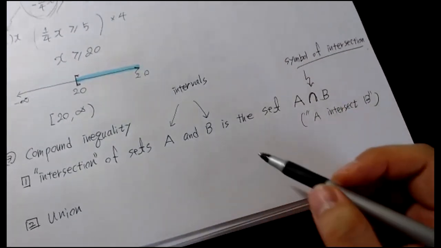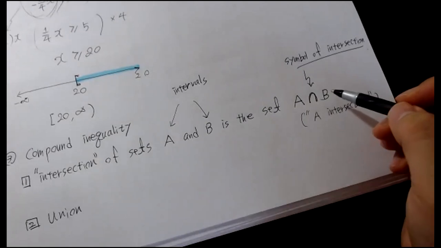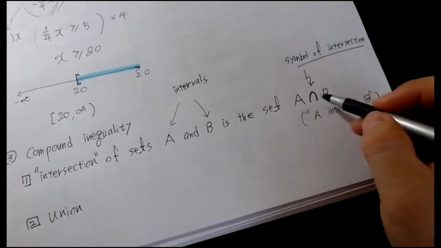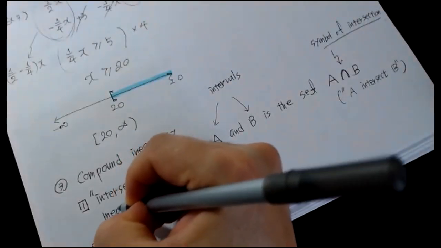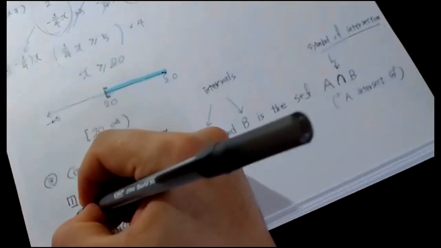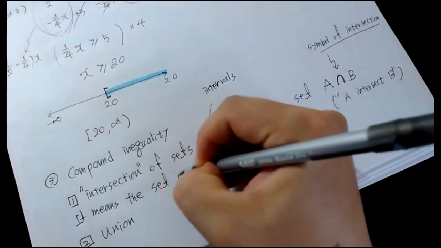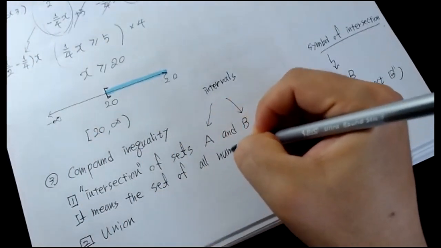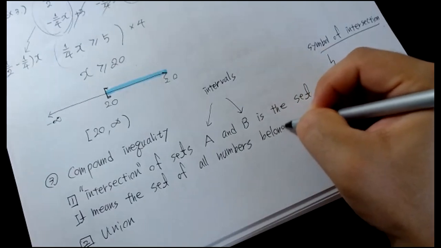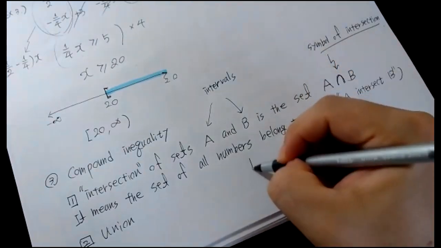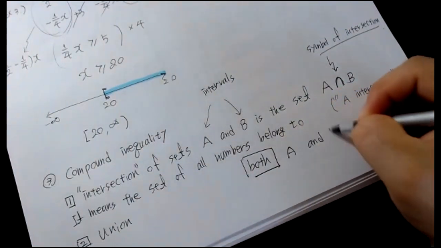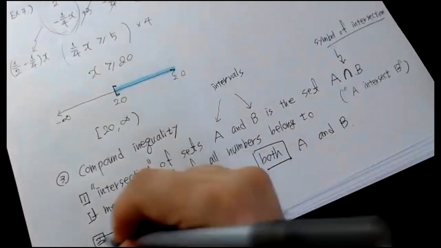The intersection of sets A and B, the set A intersect B, is the set of all numbers belonging to both A and B. That's important: both A and B. Let me write down the union on the next page.